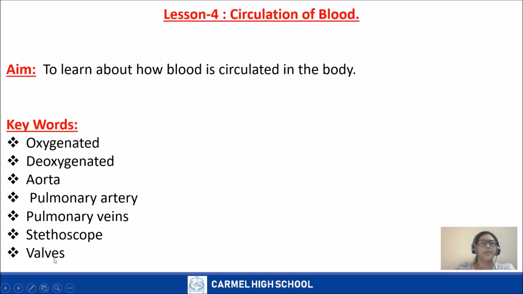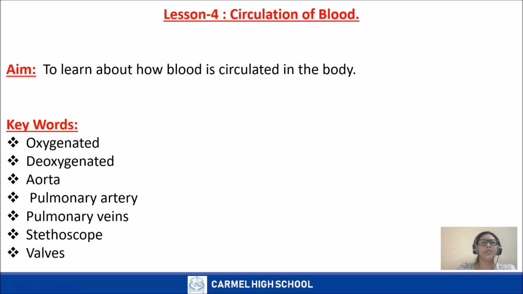Okay, children. I'm sure all of you have made a note of all these keywords, and every day you are practicing them, right? Fine. Now, in the coming slide, we are going to observe a flow chart, right? And this flow chart will help us to understand the circulation of blood from different parts of the body to the heart, from the heart to different parts of the body, right?